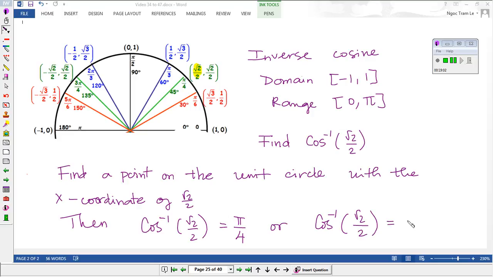Inverse cosine of square root of 2 over 2 will be 45 degrees. Both answers are exactly the same terminal side, pi over 4 radians or 45 degrees.